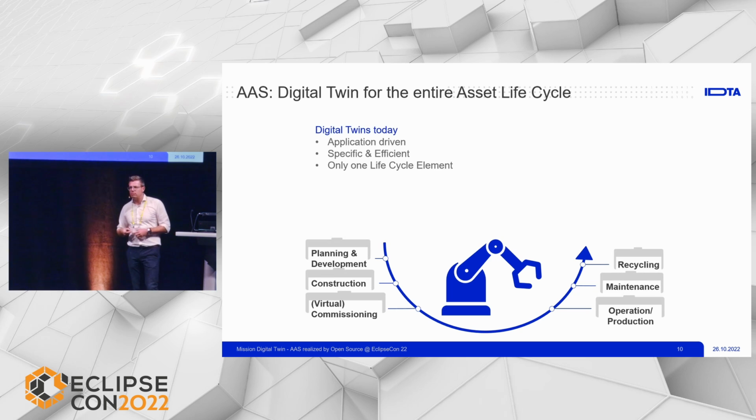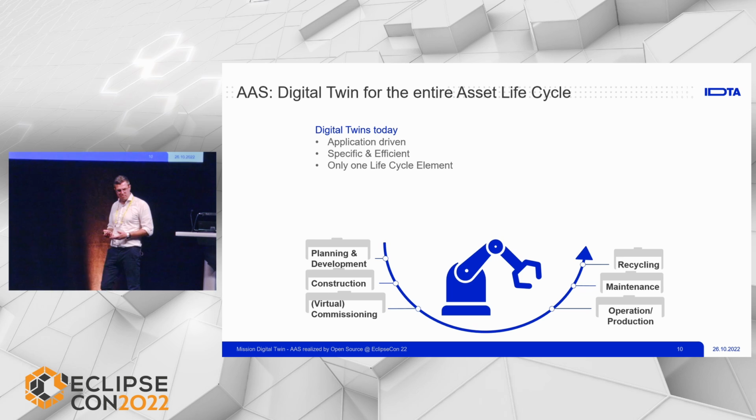And when we look through the different phases every good industrial good has to go through, we see that the digital twin is nothing new. A digital twin is something which already exists as a technology, but mostly application-driven, very specific, efficient, and only focusing on specific life cycle elements. So we have digital twins, for example, for the planning and development.